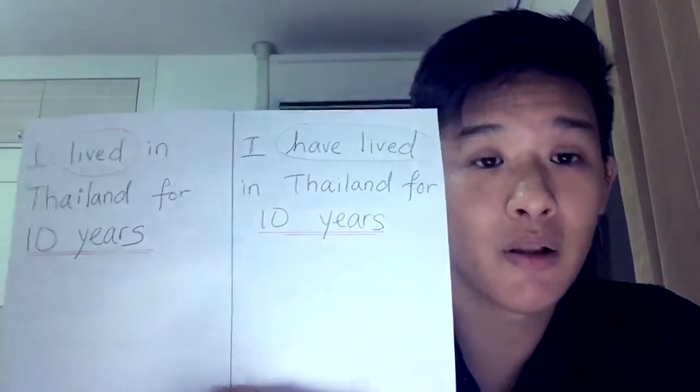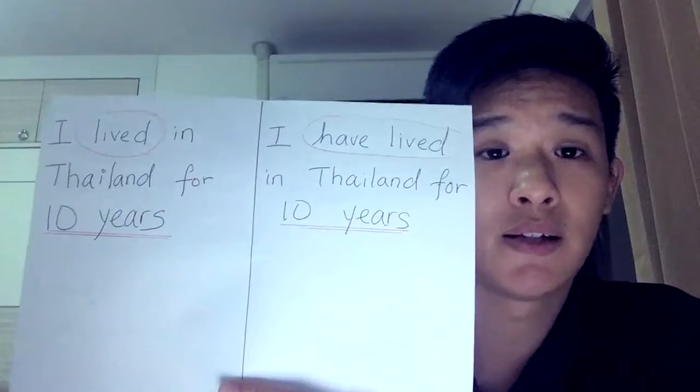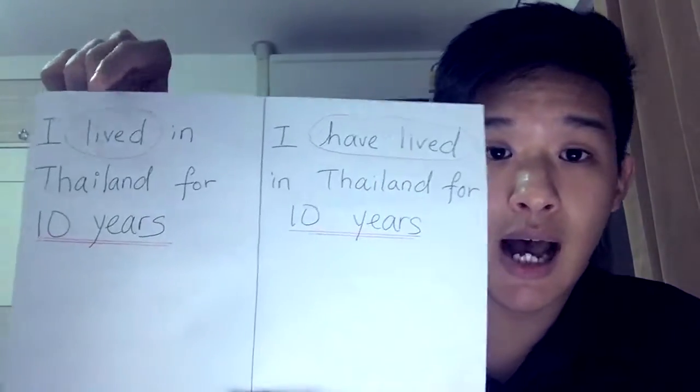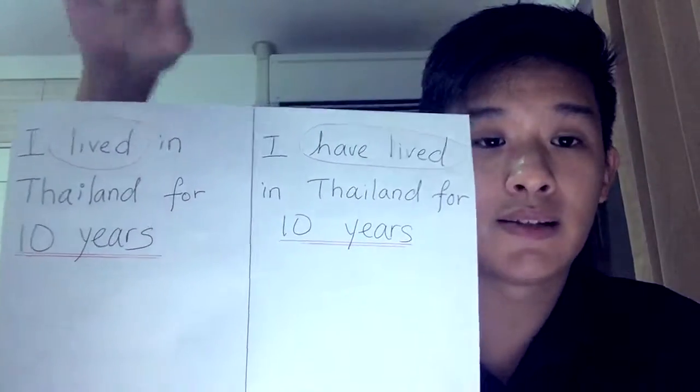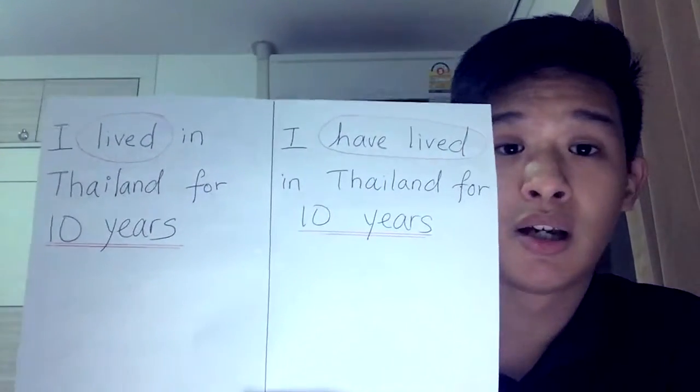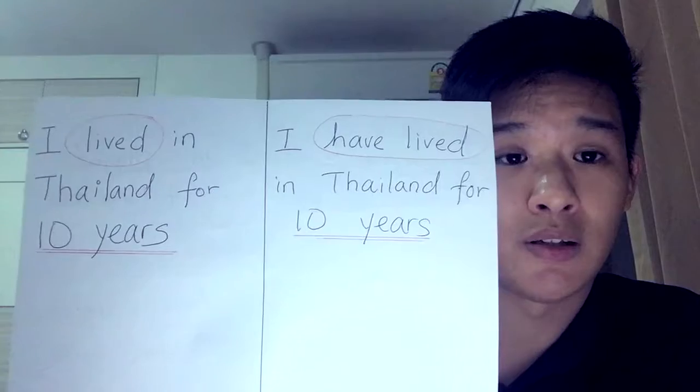Second one, I have lived in Thailand for 10 years. Both are similar in a way, but there's a difference. I lived in Thailand for 10 years. Look at the sentence structure and tell me what formulation do you see?